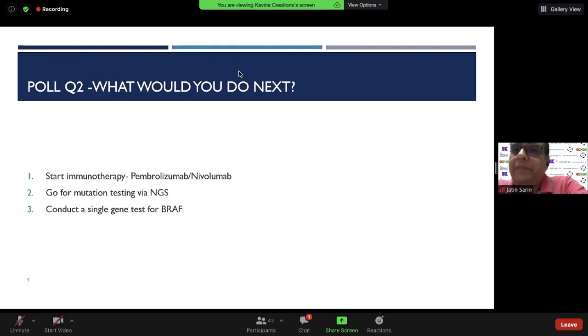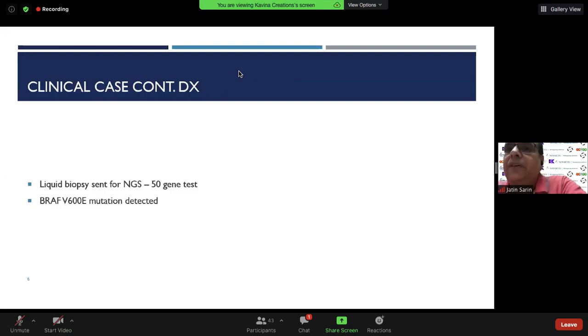Next slide, please. So this patient underwent a liquid biopsy for NGS, and in that, BRAF V600E mutation was detected. So, anybody would start treatment with BRAF inhibitors on this, or would like to further check it through a tissue sample, or will they believe what the liquid biopsy is saying?